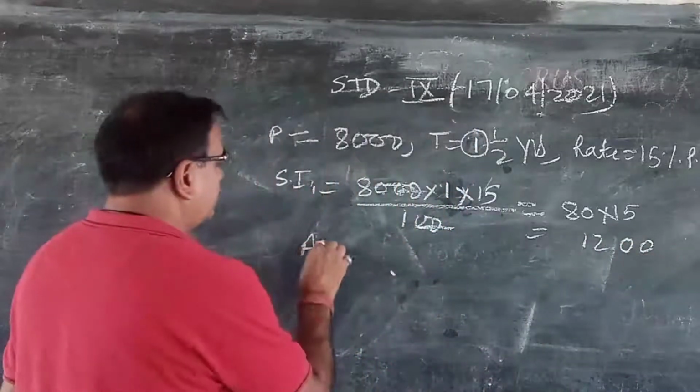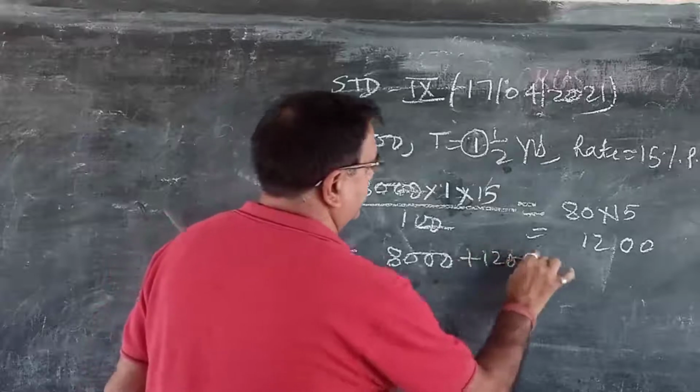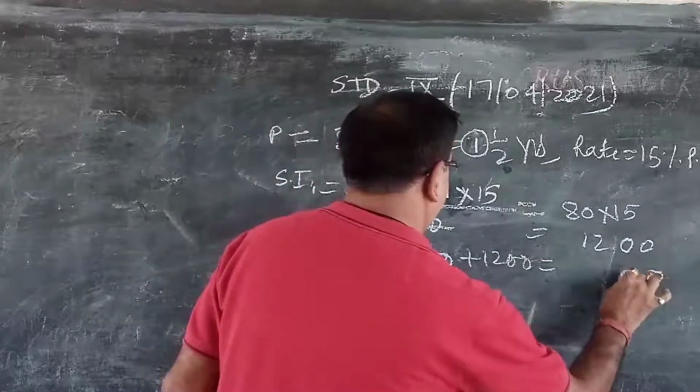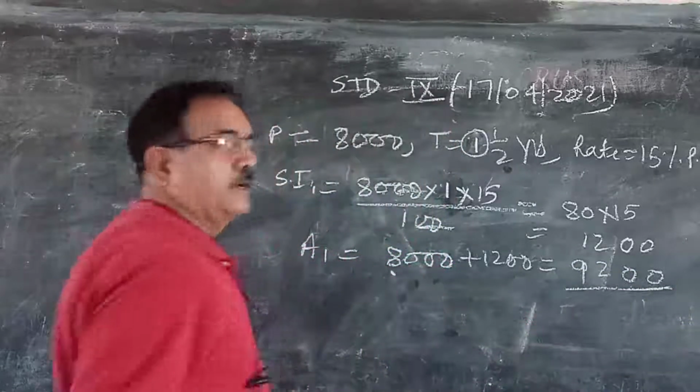So what is the amount? 8,000 plus 1200, this is the amount after 2 years, 90,200.